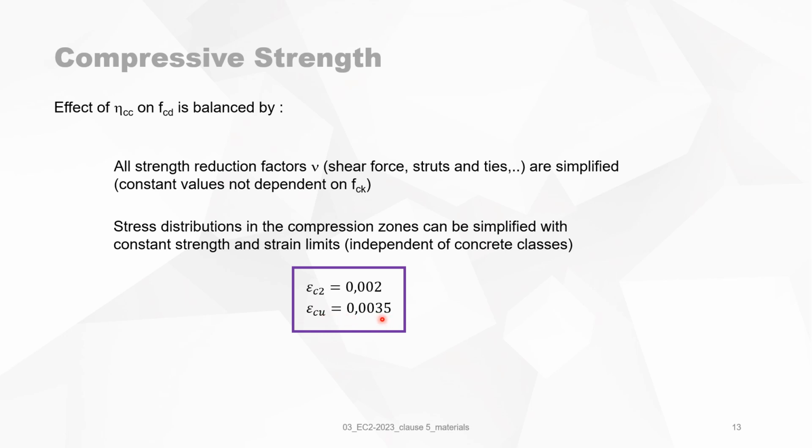So it means that now for all concrete grades, you can use the same formulas, because the limit strains epsilon_c2 and epsilon_cu2 are the same as for normal concrete. So for high strength concrete and normal concrete, those limits of the rectangular portion and the parabolic portion are the same.